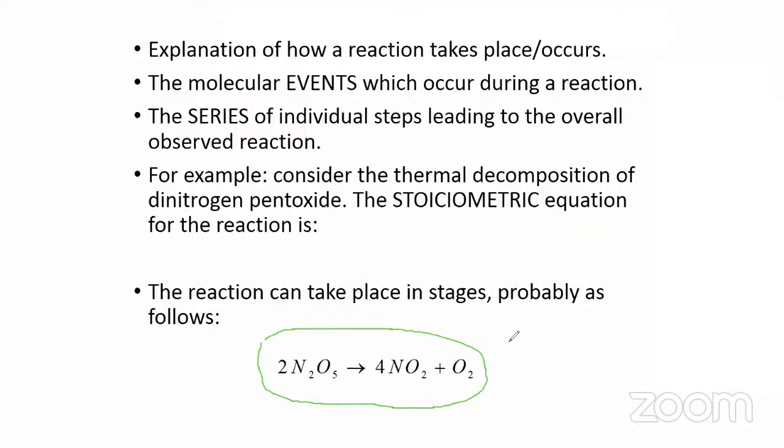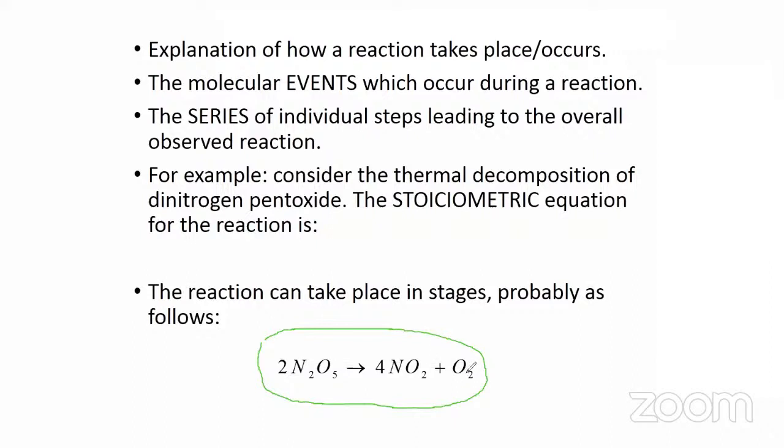And then if you want to study the speed of the reaction, you can monitor the rate at which the nitrogen pentoxide decomposes to give you product. And if you want to study the mechanism, then you have to work out in detail all the steps involved for you to get to this particular balanced chemical equation.